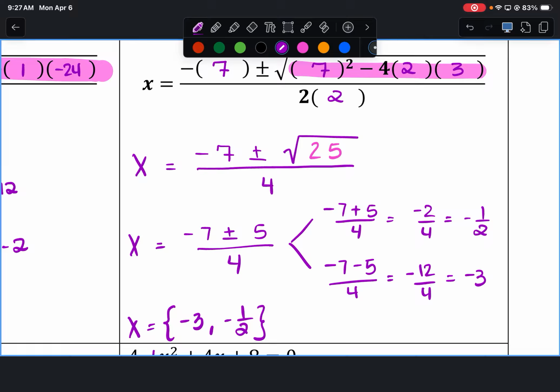I'm saying like, when do we know what to put plus or minus in the answer? When it's left with a square root or an i.